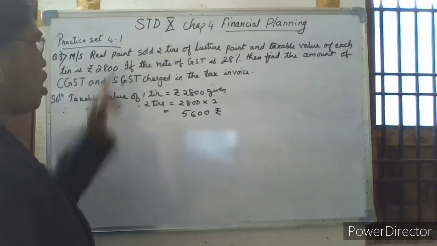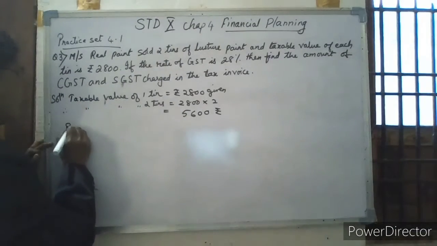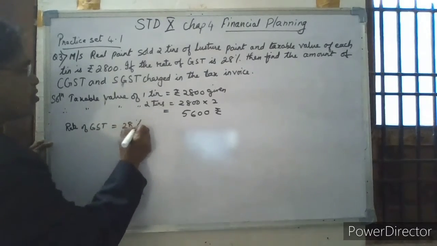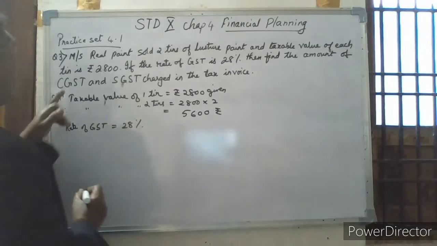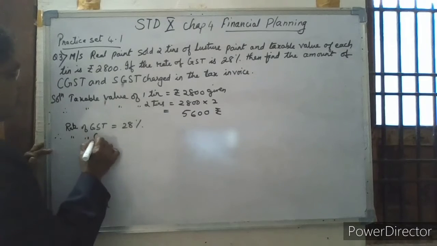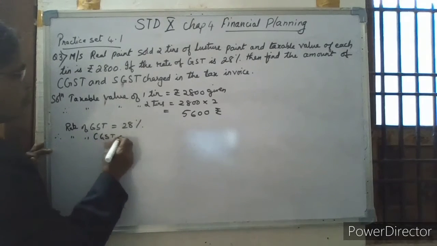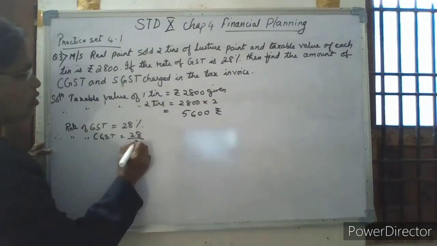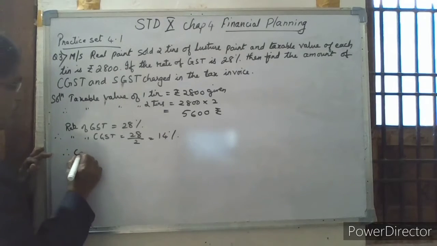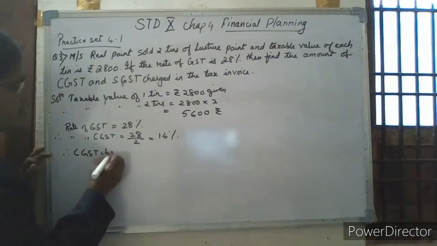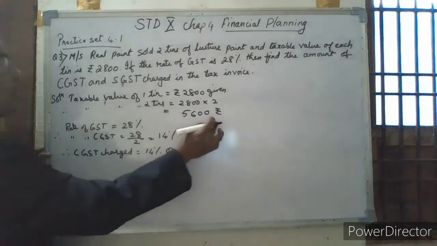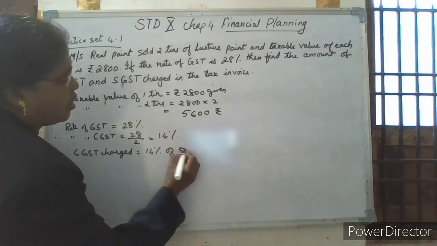Now, rate of GST is equal to 28%. Therefore, rate of CGST will be equal to half of it, that is equal to 14%. Therefore, CGST charged is equal to 14% of the taxable value of 2 tins, that is 5,600.